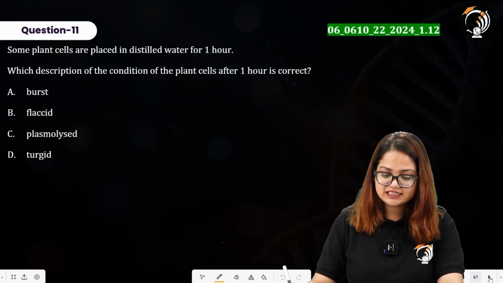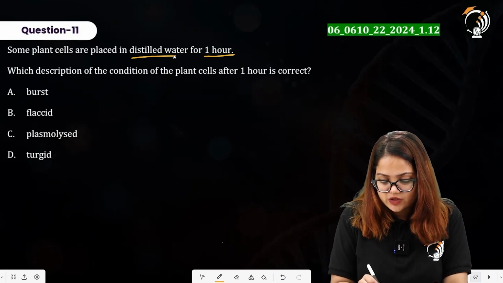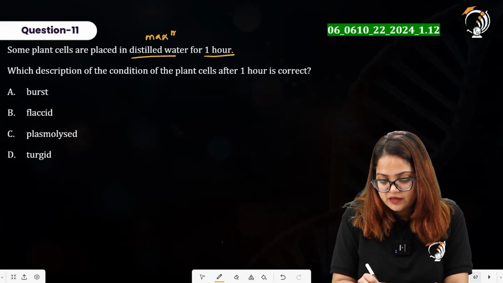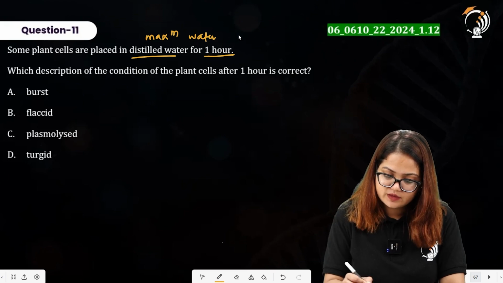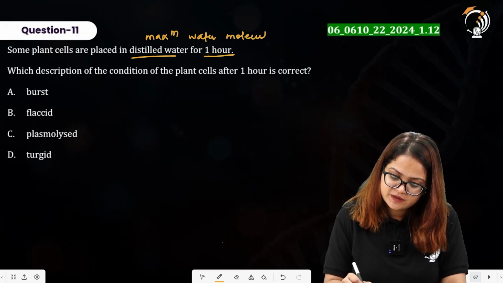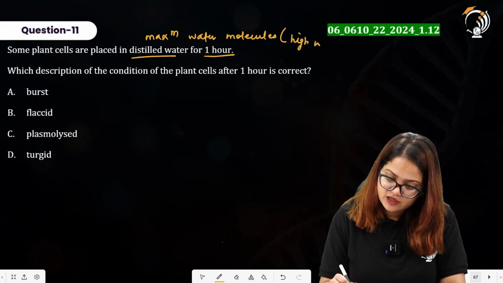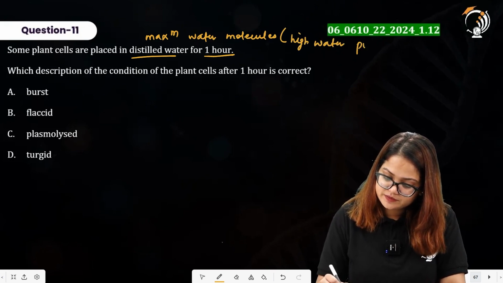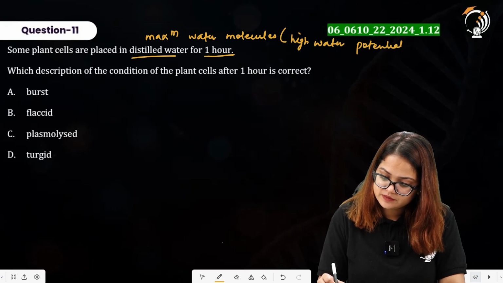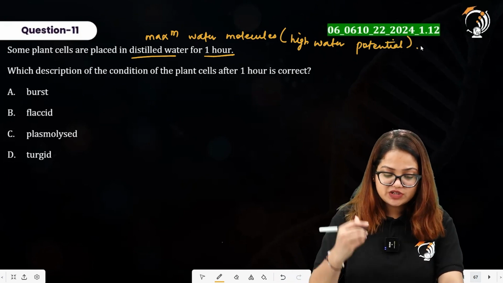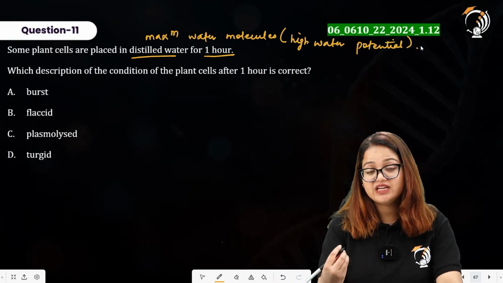Some plant cells are placed in distilled water for 1 hour, and distilled water has maximum water molecules, so you can also say that it has high water potential. Which description of the condition of the plant cell after 1 hour is correct?